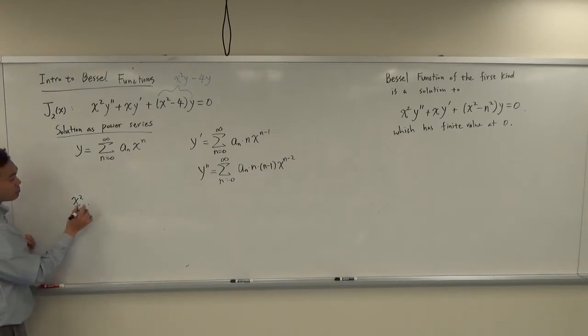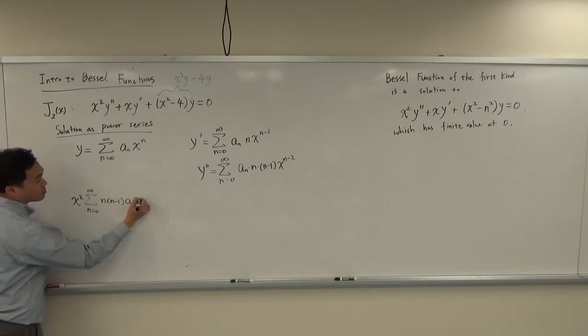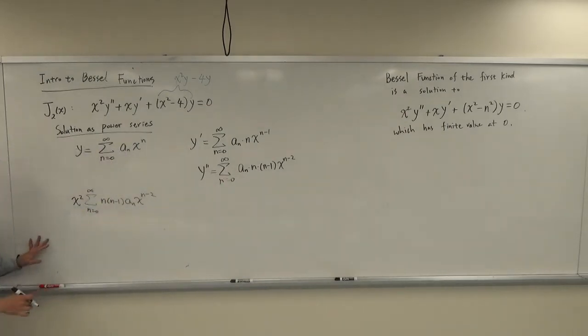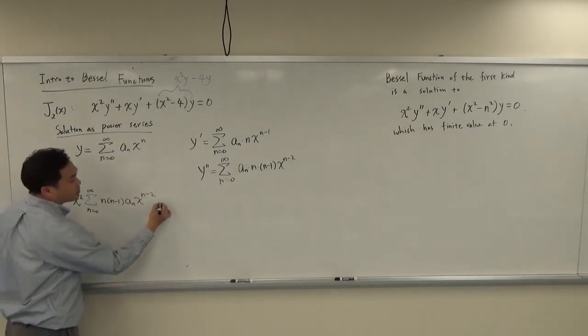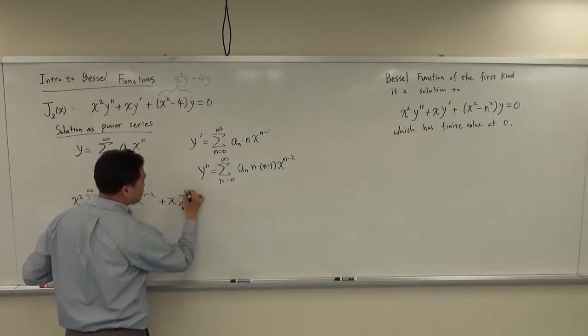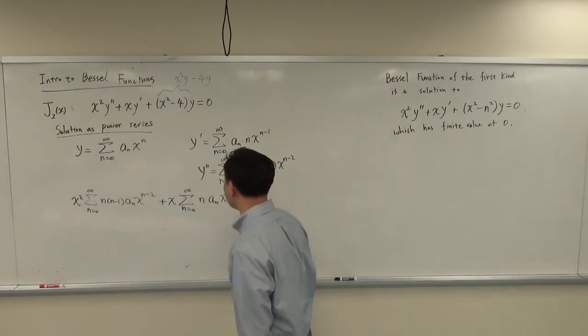So here's what we have. x squared y double prime, which is summation of n from 0 to infinity of n times n minus 1 a_n x to the n minus 2. Let me just switch places. I'm going to put this in front. Okay? And then plus x times sigma n from 0 to infinity of n times a_n x to the n minus 1.